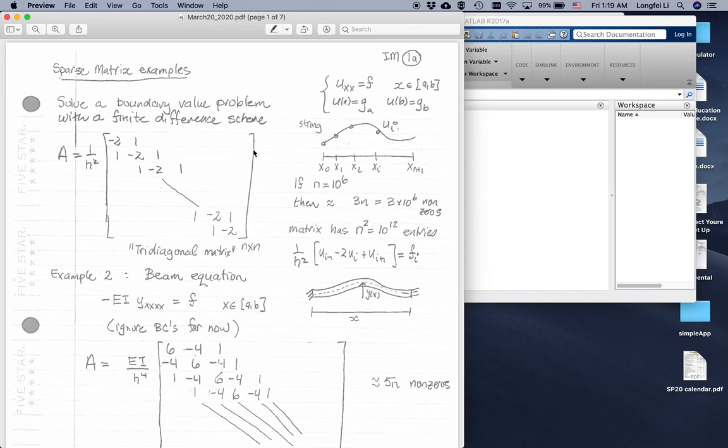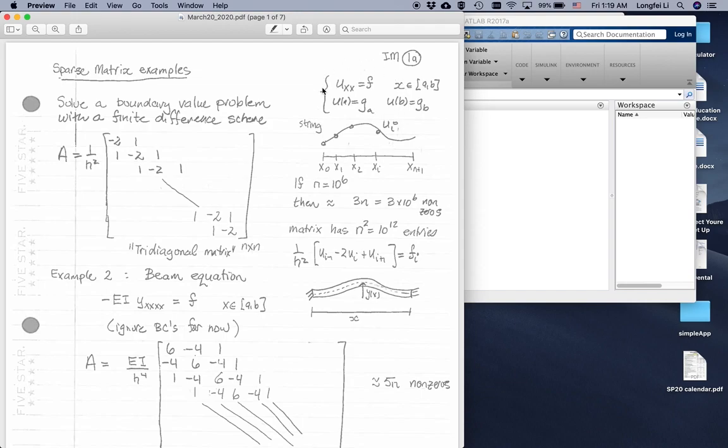First of all, I give you an example about a sparse matrix. So what is a sparse matrix? A sparse matrix basically means a matrix that has a lot of zeros, and this kind of matrix arises from solving, for example, differential equations.